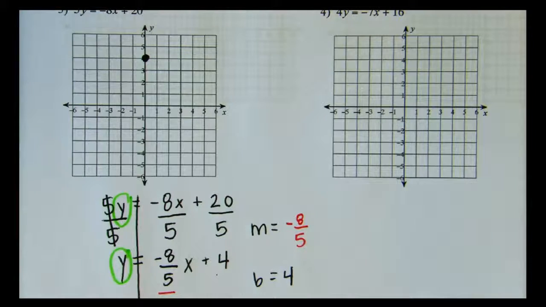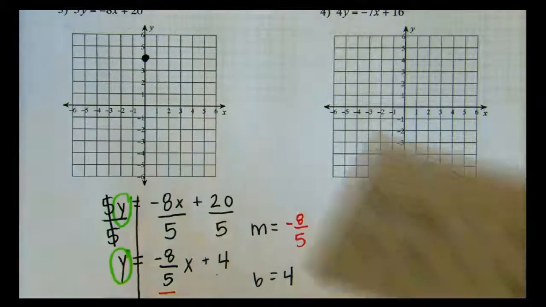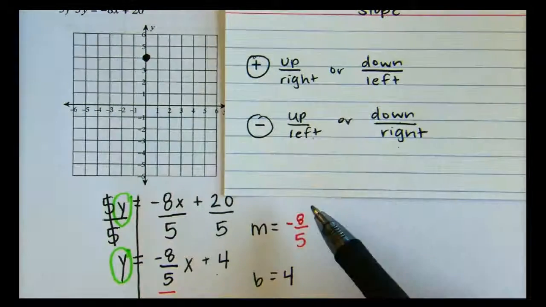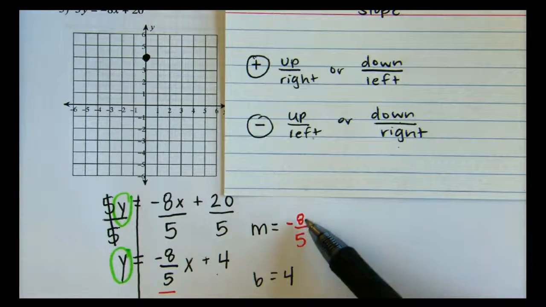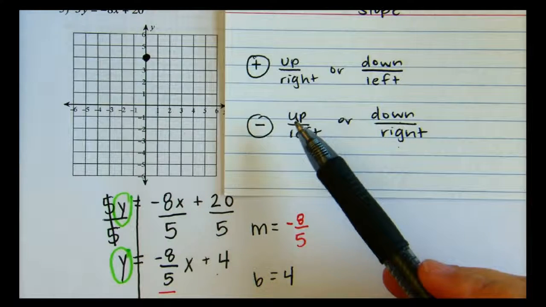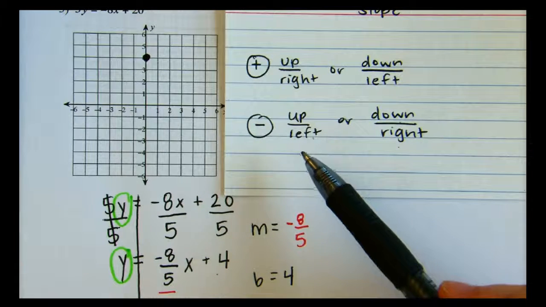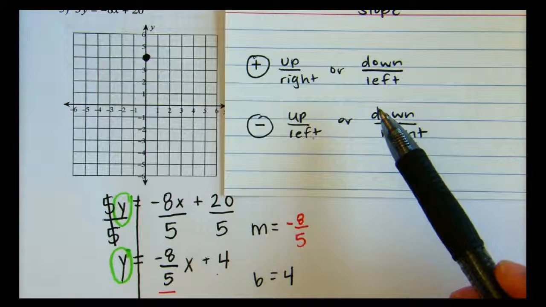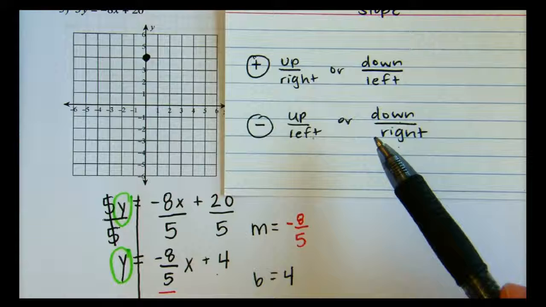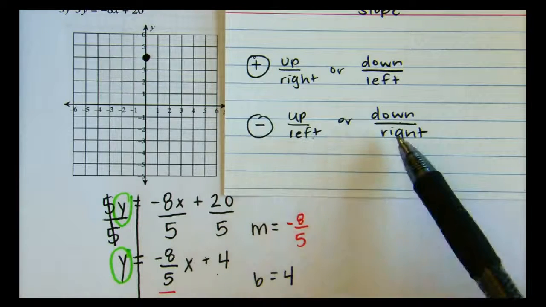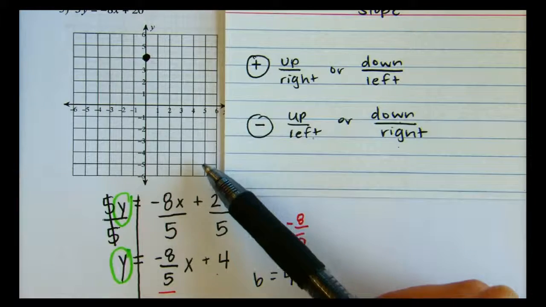Okay. Now that I've got that point set up, I have a negative slope, -8/5. So I'm either moving up 8 and left 5, or down 8 and right 5. Which of these movements is going to fit on my graph?